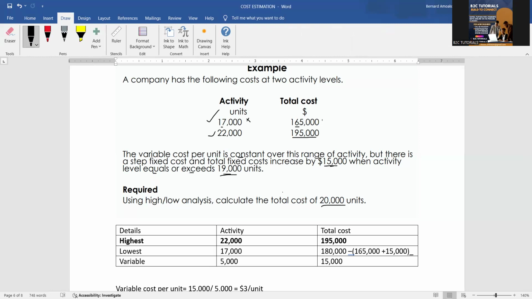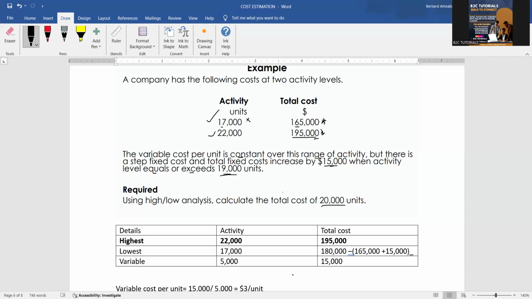Hence, we can't compare two costs because this would have a different fixed cost component in it, and this also has different fixed costs. Now, to match it, you can reduce this one, but then you need to rather increase the one that is below the standard. And that is how come we added the total fixed cost, that is a step cost, to that before we found the difference. Then we were able to solve the question.